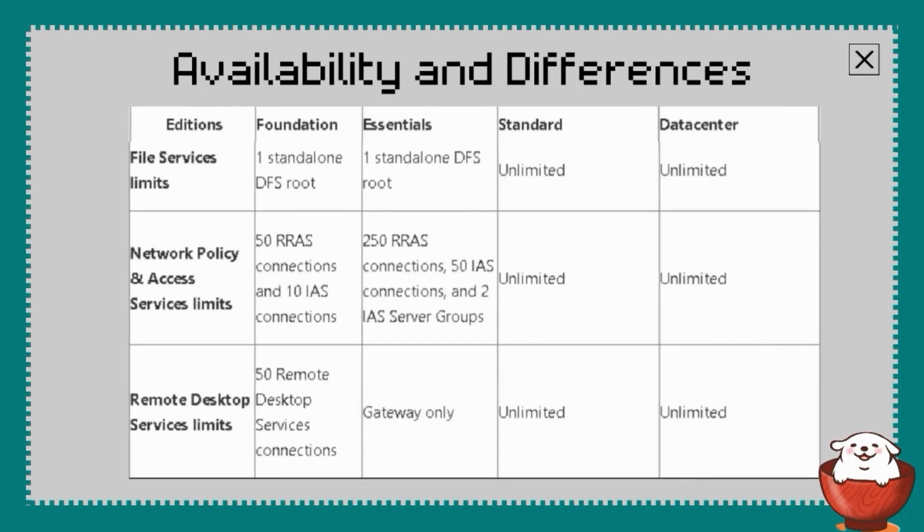When it comes to file service limits, the Foundation and Essentials only have one standalone DFS root, while the Standard and Datacenter do not have limitations.